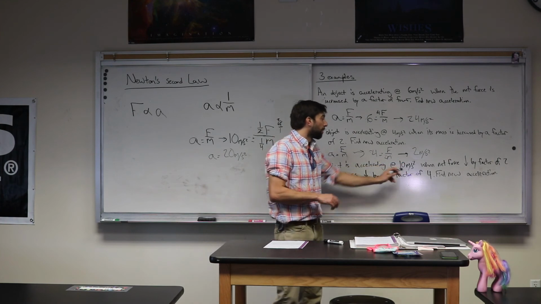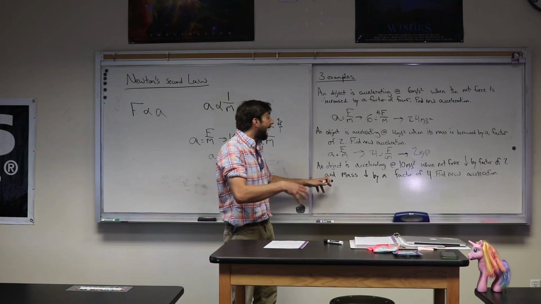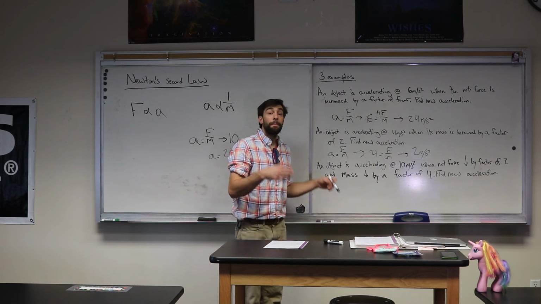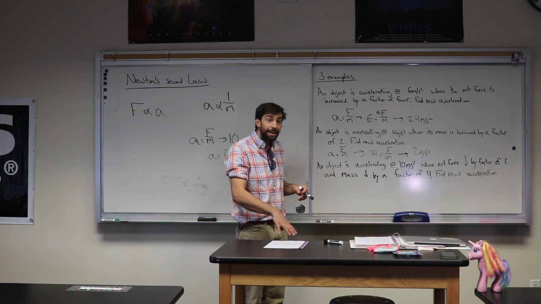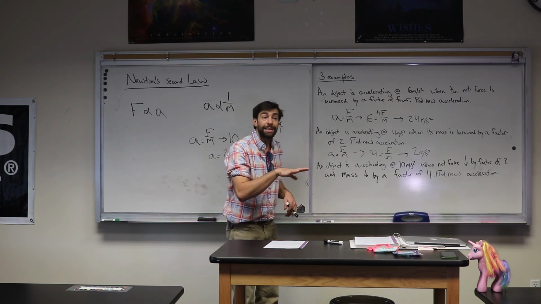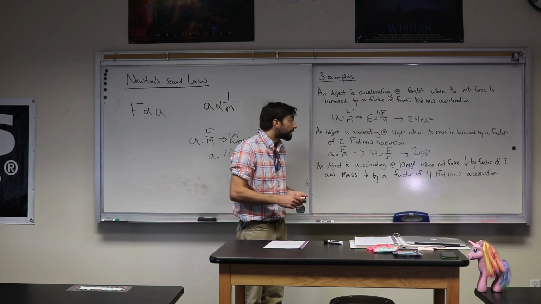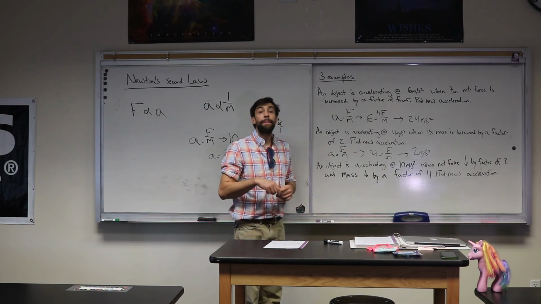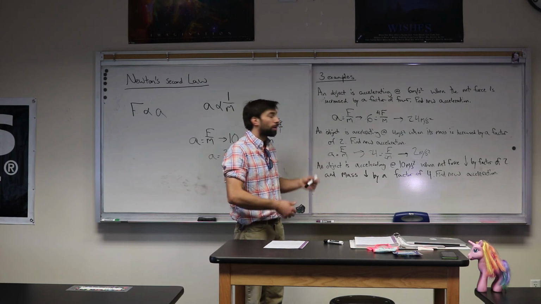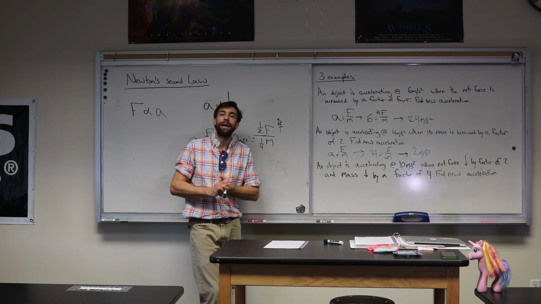So this number would then be 5. Then its mass decreases by 4 times, so it gets lighter by 4 times as much. When an object gets lighter, it's easier to accelerate. So we would multiply that by 4, and we're left back with 20. So there are just a couple of different ways to think about it.